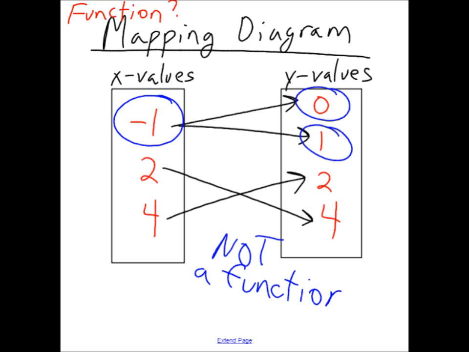When you have a mapping diagram, there needs to be one line coming from each x value. So if there's more than one line coming from an x value, or if it doesn't have a line coming from it, it's not going to be a function. So again, each x value can only have one y value for a relation to be a function.